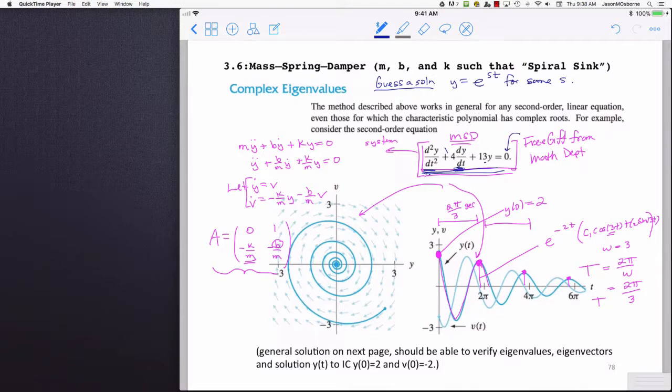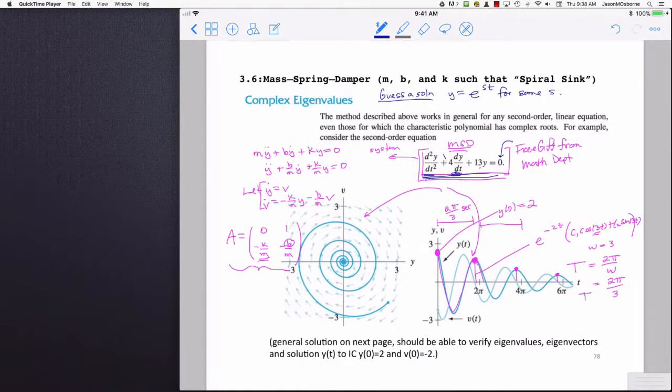If you proceed down this route and guess that y is e to the st, then y dot is s e to the st, and y double dot, the second derivative, is s squared e to the st. If you plug those back into your differential equation, you will get an equation: s squared plus 4s plus 13 times e to the st is equal to 0.